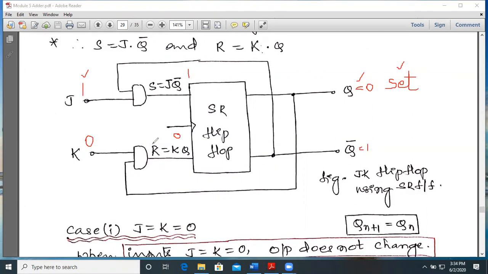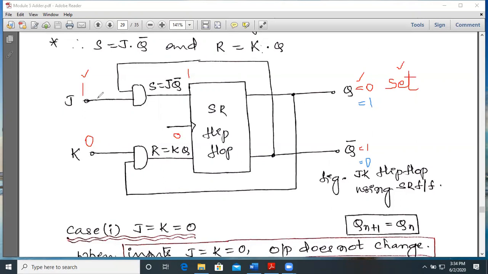Okay, so now we have to see the other output, which we need to assume. Now let us assume Q as 1. So obviously what will be the Q bar? Q bar is 0. But our J and K remain the same.